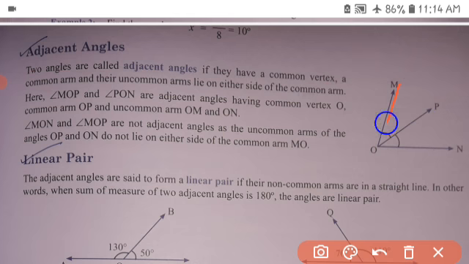So angles POM and PON are adjacent angles.